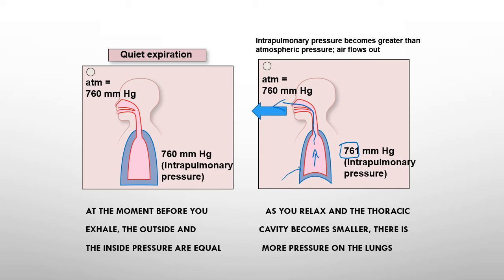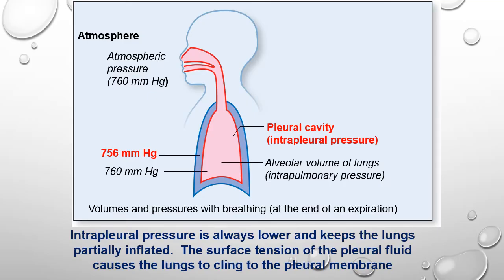The intrapleural pressure is now going to still be lower than that of intrapulmonary pressure. And so we now have a decrease in the size of the thorax. That causes an increase in the pressure, but we still have a differential between the intrapleural and intrapulmonary pressures. The intrapleural is still lower than intrapulmonary pressure.